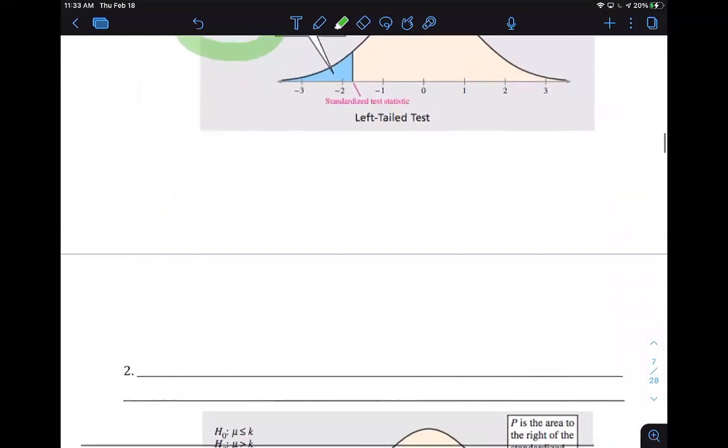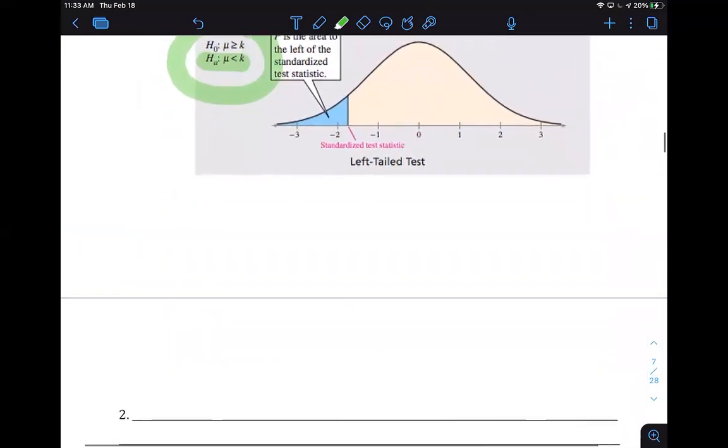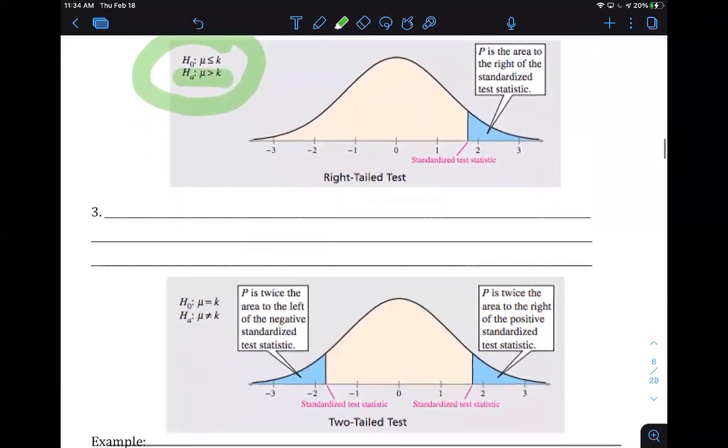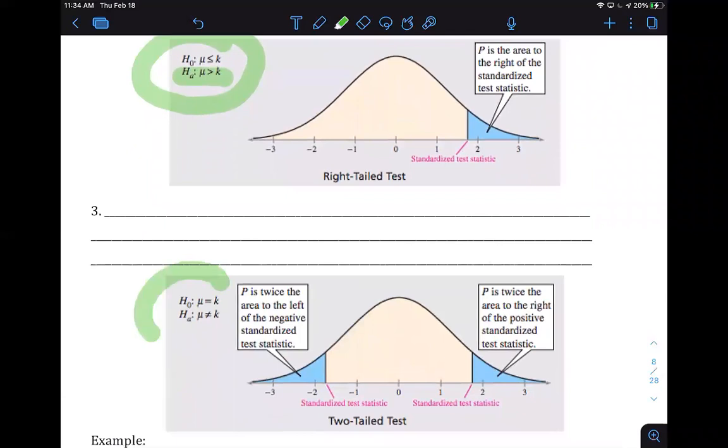So right-tailed, which way is your alternative hypothesis going to be? Any idea? Pointing to the right, it's greater than. That will always hold true. And then it's going to be two-tailed if it's not equal to.